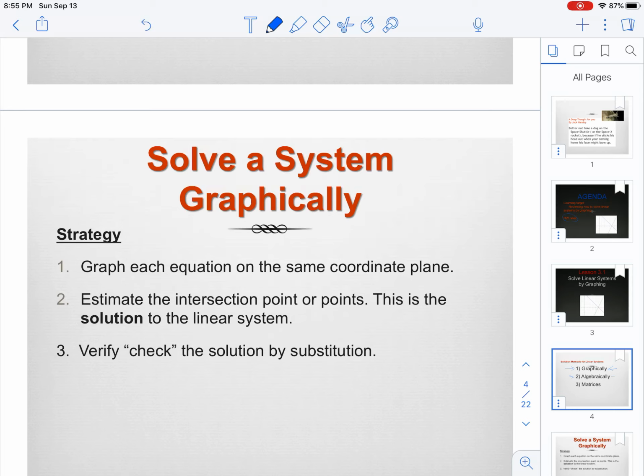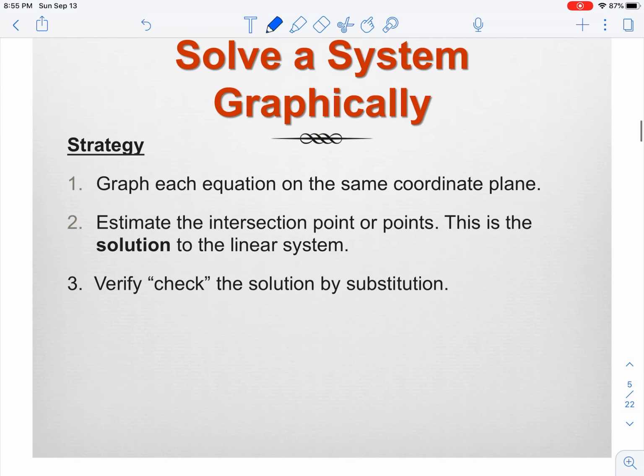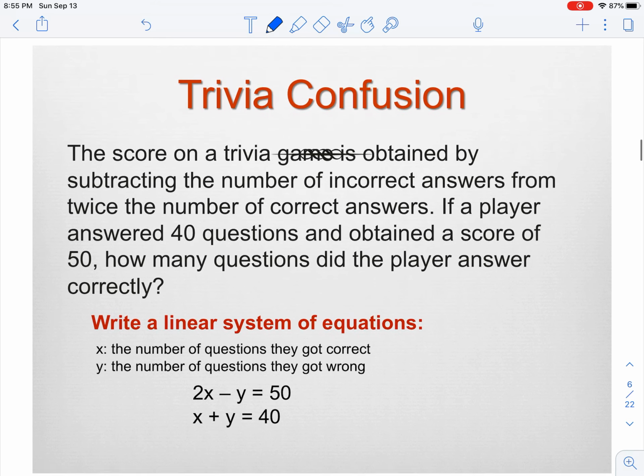It won't be that clean. It'll be a decimal or a fraction, so you'll have to estimate. So what I always suggest is whatever your answer is, verify it by checking it. I hope to do that for you and make sure that you see that what we find is actually the solution to the system.